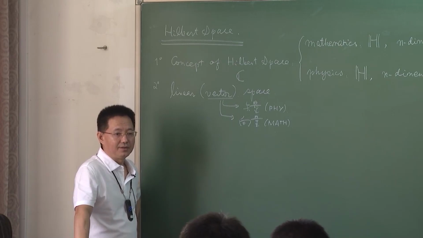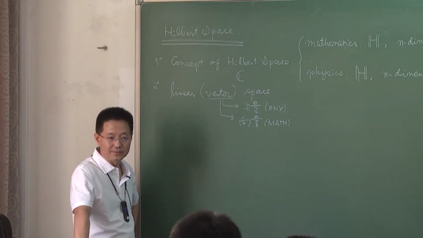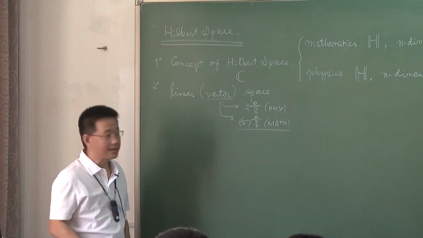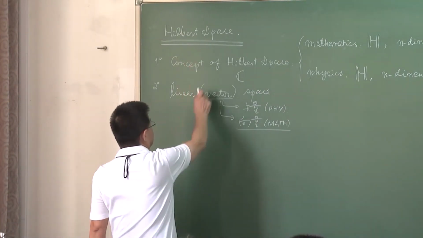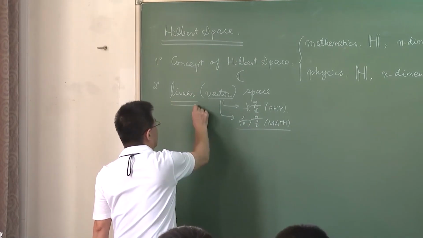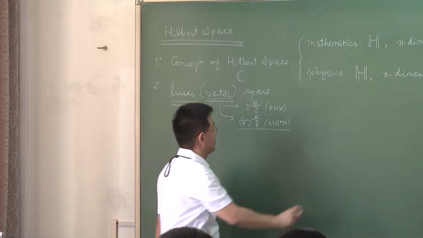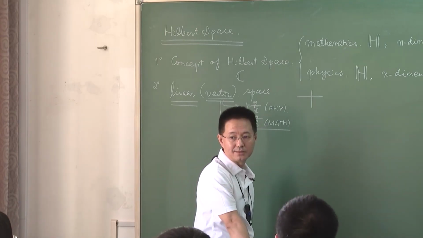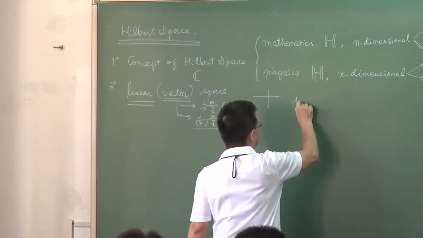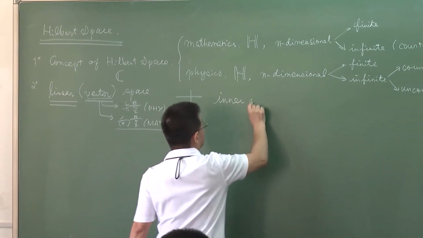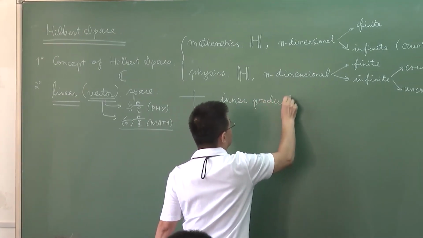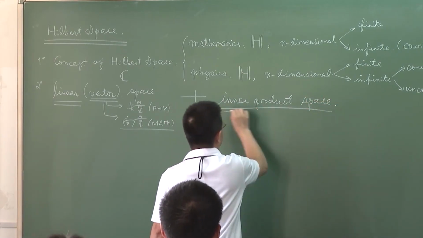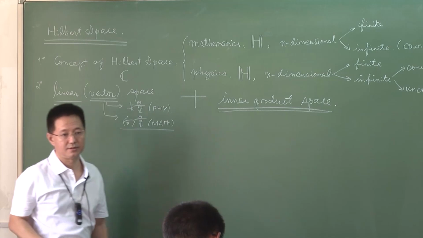Right? I think that in grade 1, when you are an undergrad student, you have learned the linear algebra, right? Okay, so Hilbert space is a linear space or a vector space. And also, it is not only a linear space, but it is also an inner product space.